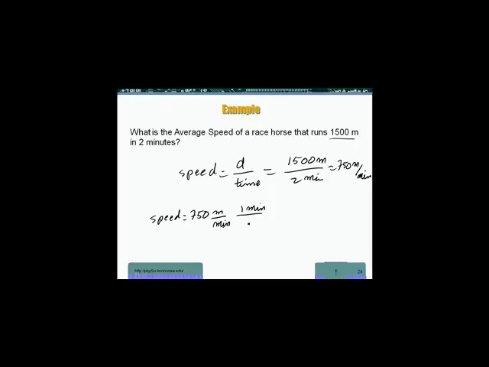And a minute, I'm going to write what it is equal to in seconds here. 1 minute is 60 seconds. So the minutes cancel out, and I end up having 750 over 60 meters per second, or 75 over 6 meters per second.